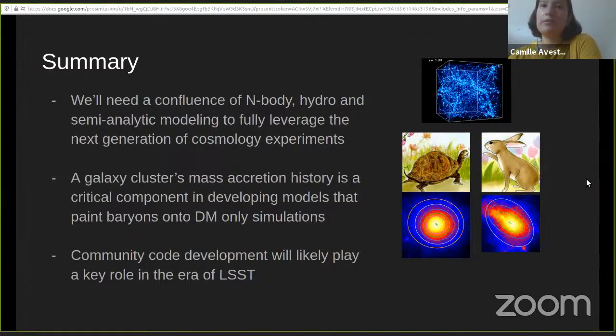And there are a number of community code developments, where different people are looking at a code base, improving on it, using it, making things more user-friendly, in this nice little feedback loop. I think that's going to be key, especially in the era of LSST. Great, thank you.